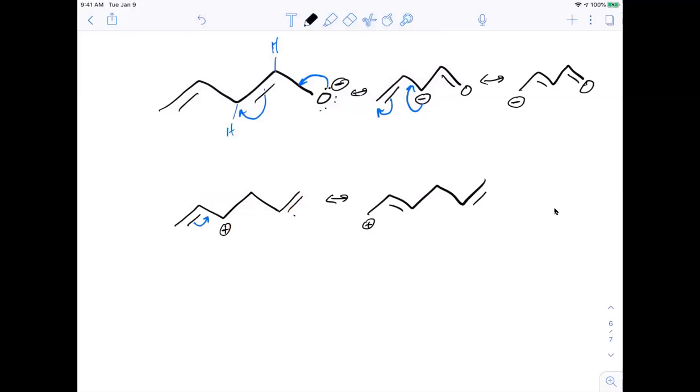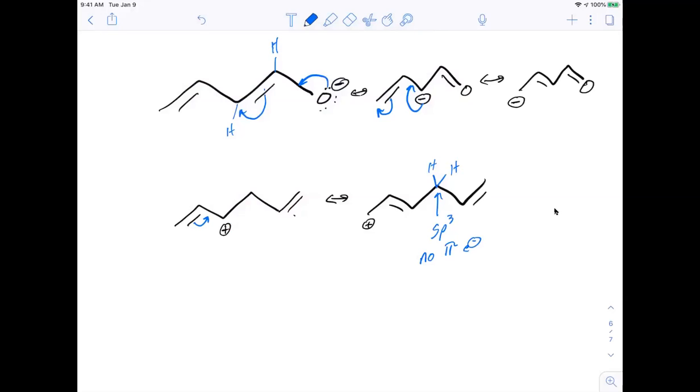Well, if we draw in our electrons, our hydrogens, right? We have 4 sigma bonds here, so this is sp3. If it's sp3, then what does it have? No pi bonds, right? Pi electrons. What would have to happen if I tried to take electrons and move through that sp3 carbon? I'd have to break a bond, right? I'd have to break a bond with the hydrogen.